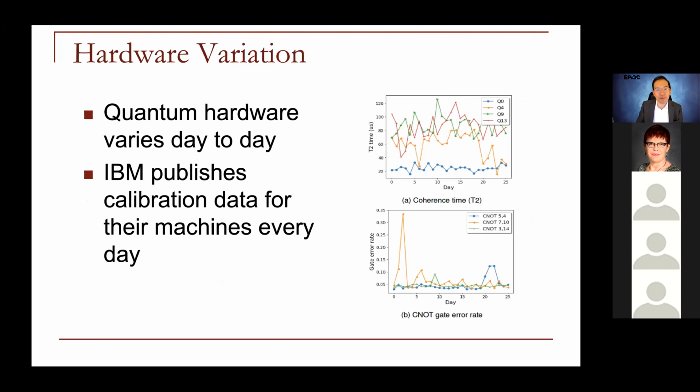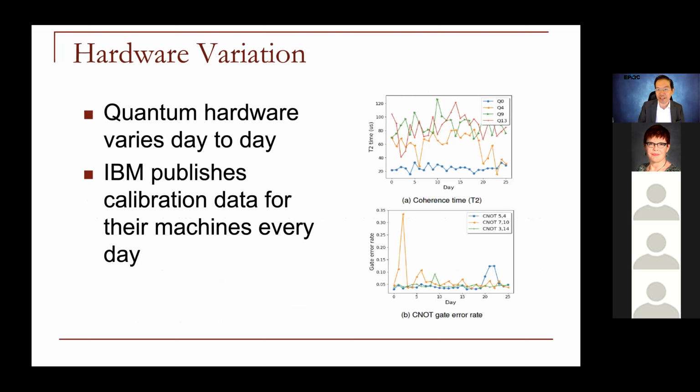All right, so the problem we want to look at is hardware variation. Many of you may be aware that hardware such as IBM's hardware varies significantly day to day. IBM publishes their calibration data every day for their machines.